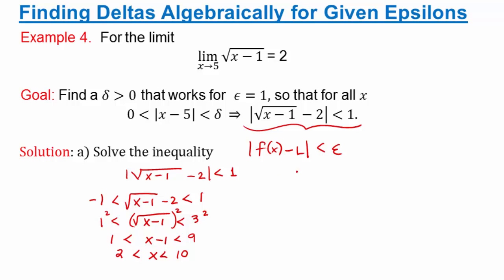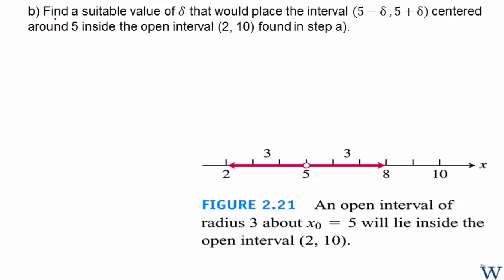So what we have found by solving this inequality is that the open interval from 2 to 10 contains, of course, x sub 0 equal to 5. Now our goal is to find a suitable delta that would place the open interval centered at 5 inside this.